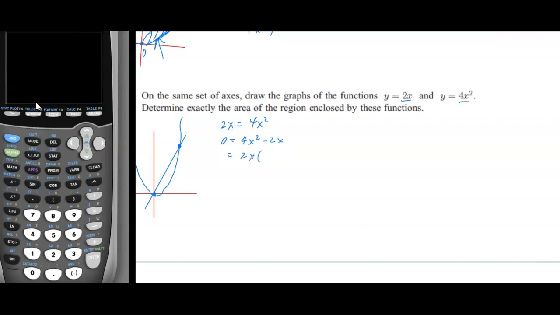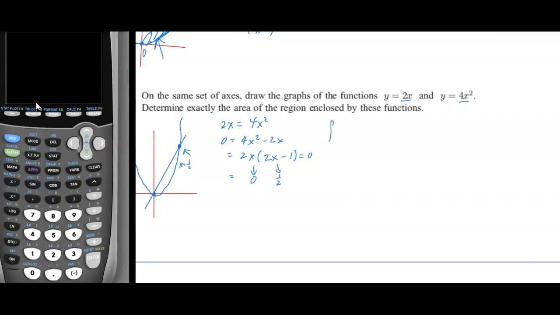So the first term, after I factor out 2x, there would be 2x left over. And then if I factor out 2x from 2x, I would get 1 left over. If I wanted to see what the solutions are, when is this equal to 0? It will be equal to 0 either when x equals 0 or when x equals 1/2. So this must be x equals 1/2.